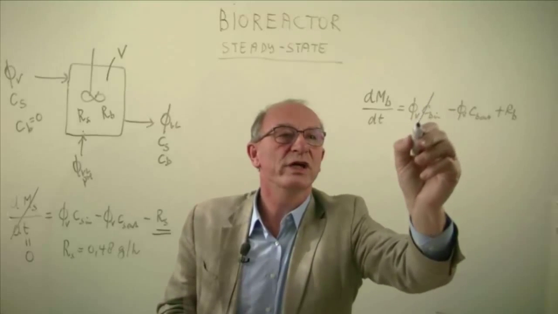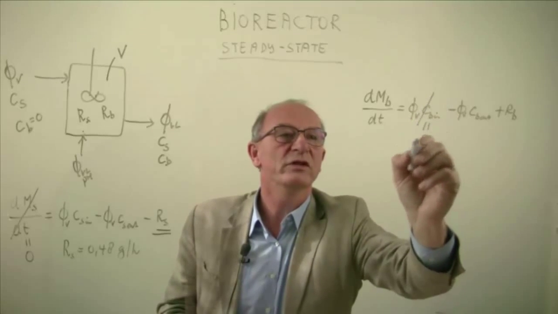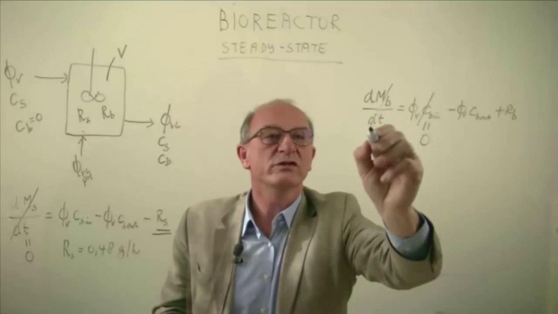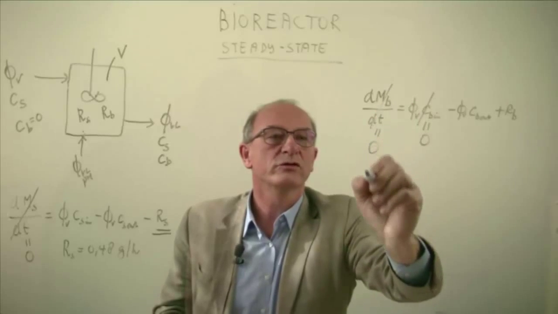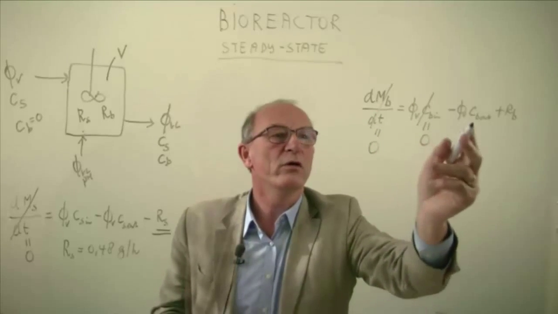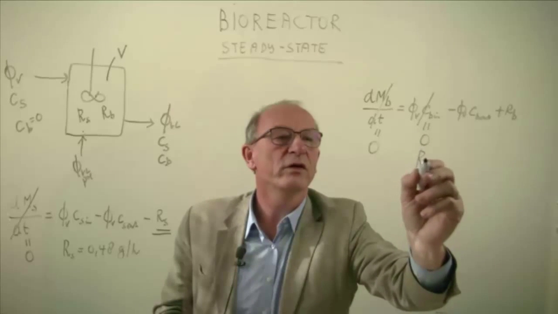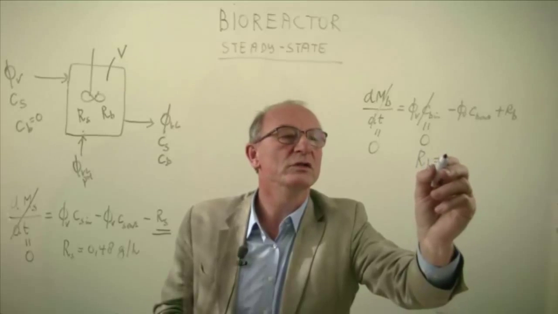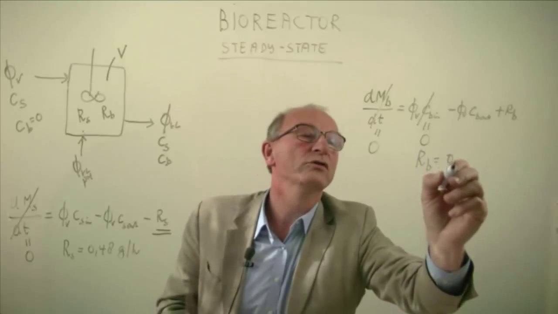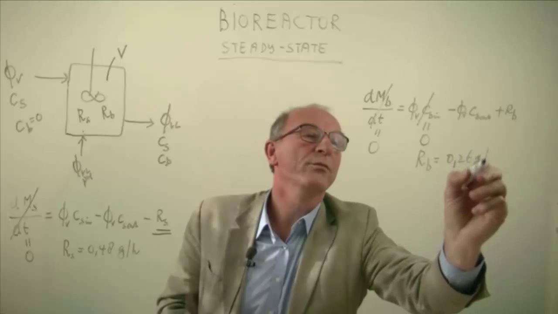There's no concentration in the inlet, so this term is 0. We also deal with a steady state, so this term is also 0. Now we only have to substitute the values we already know, and then we get a value of Rb, which is equal to 0.26 gram per hour.